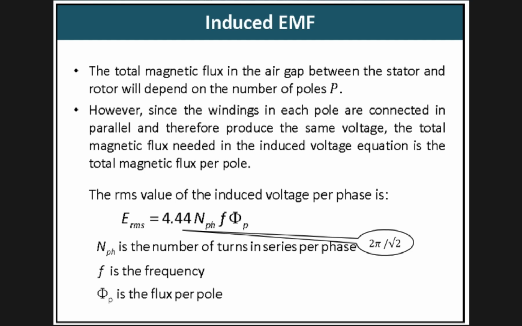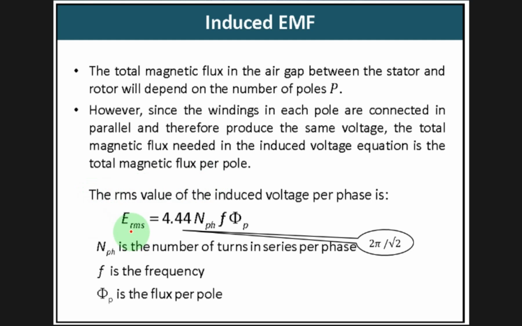However, since the windings in each pole are connected in parallel and therefore produce the same voltage, the total magnetic flux needed in the induced voltage equation is the total magnetic flux per pole.